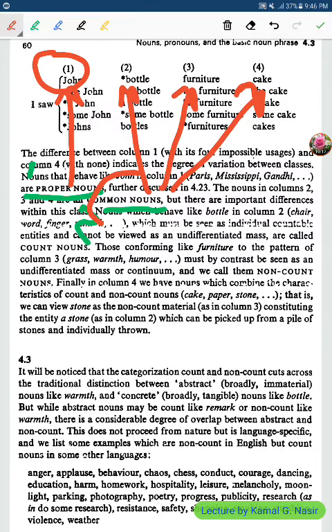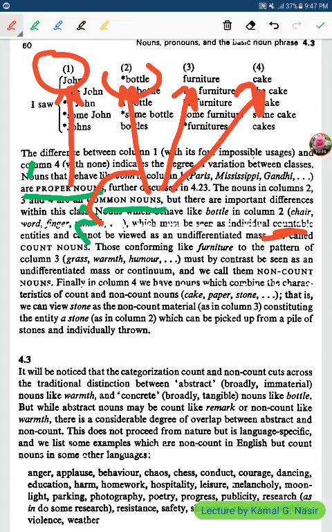Countable means معدود, countable. And we have non-countable. This is countable. You see? So bottle, for example, can be bottles. So it is countable. Can be counted.